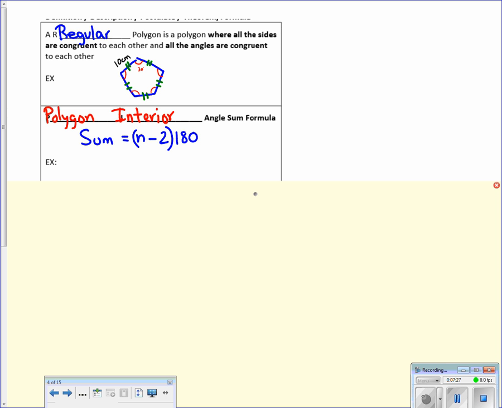All right, so now we have the polygon interior angle sum theorem. Basically, when we're looking at a polygon, in this case I just drew a 5-sided figure, it could be 6 or whatever.